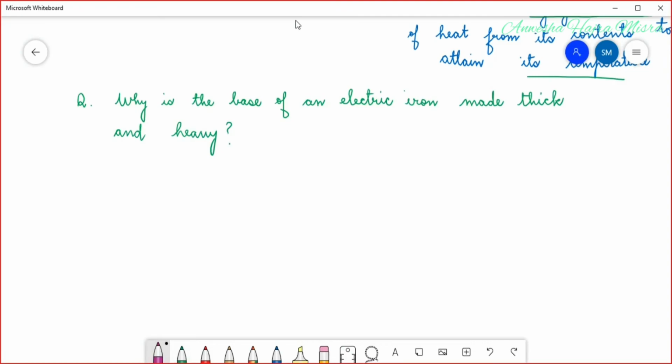Now the keywords here are: for thick, you have greater mass, thick and heavy.